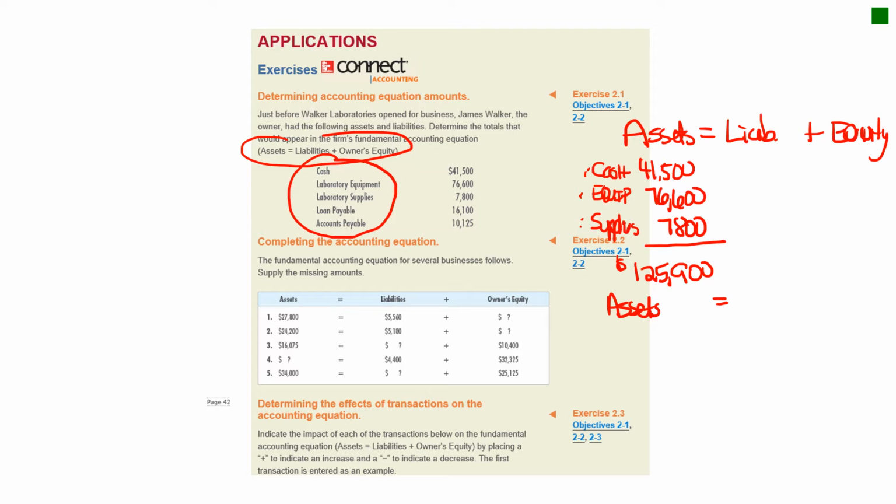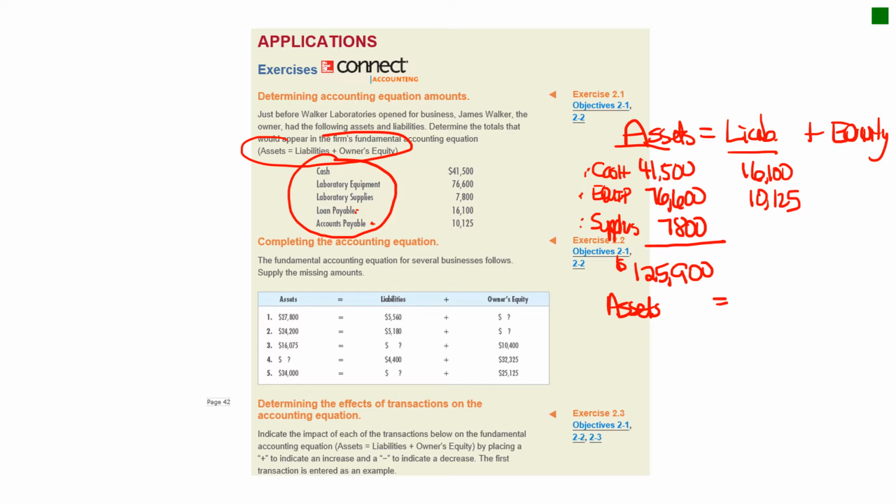Now remember, the equation has to balance. So your liabilities, think of anything that you owe, like a loan or debt, is considered a liability. What you'll find out in this class is that typically if you look for the word payable, payables are always considered liabilities. So in this case, my liabilities are going to be 16,100 plus the 10,125.